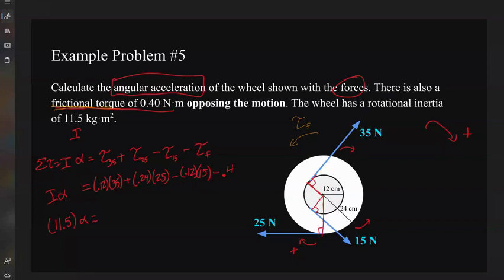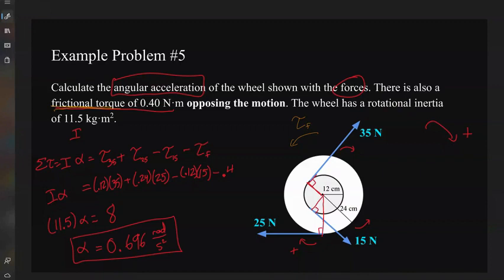And I get 8 on the right side. That's a nice round number. All right, so then divide both sides by 11.5. And I get my angular acceleration, 0.696 radians per second squared. All right, there's my alpha.